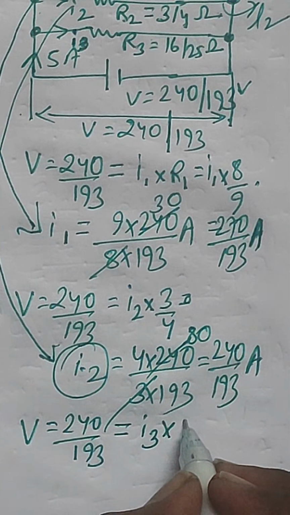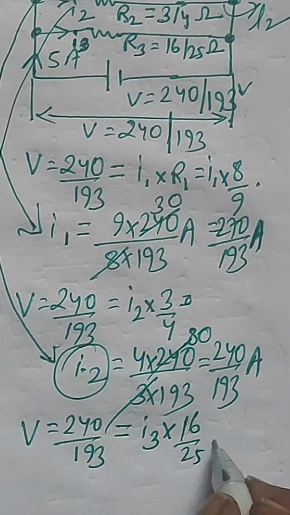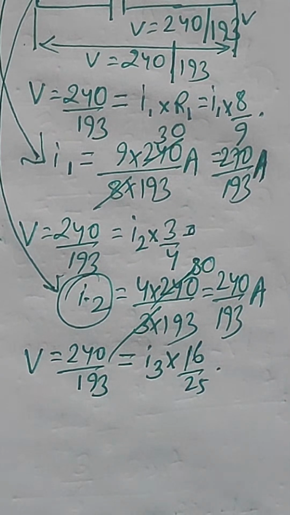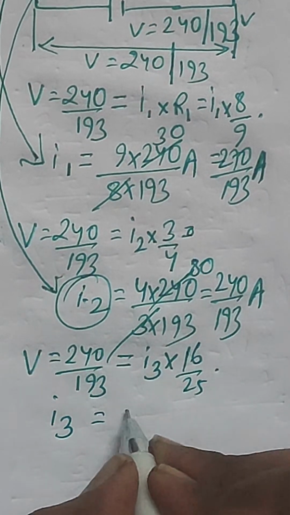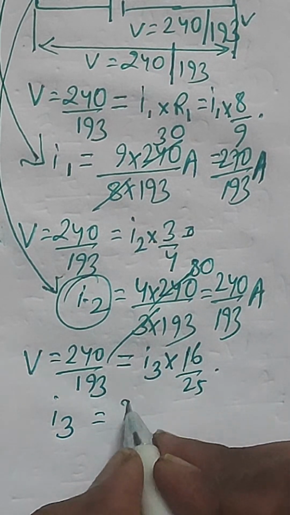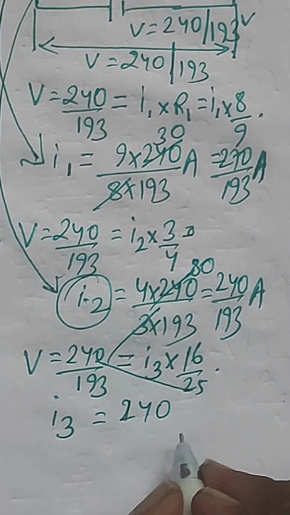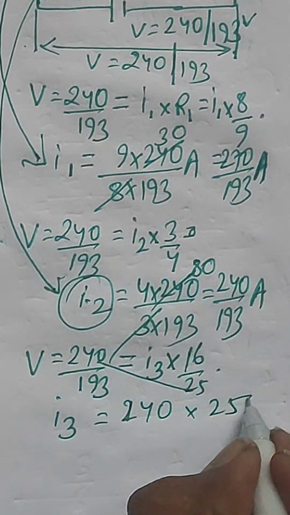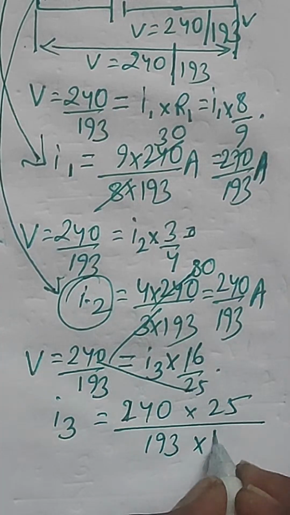R3. What is the value of R3? 16 by 25. So this will give you the value of I3 as 240 multiplied with this 25 divided by 193 into 16.